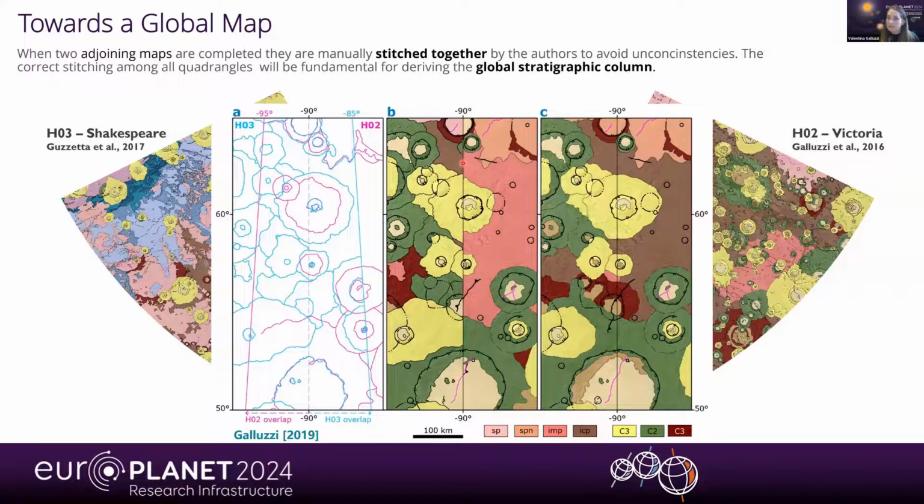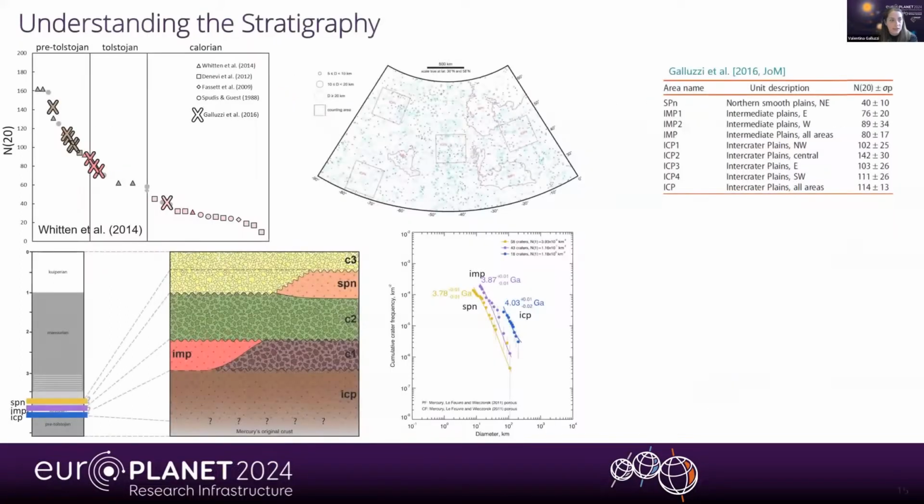After a discussion, we finally reached an agreement on how to change the contacts and classify craters and units. So this is just to tell you that when mapping a planet via photo interpretation, it is always important to discuss what you do with other mappers.